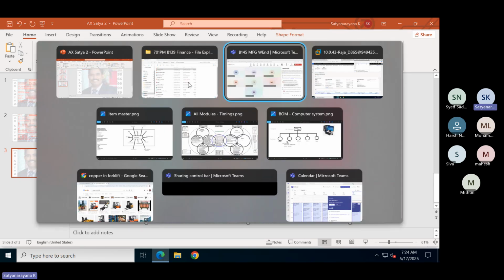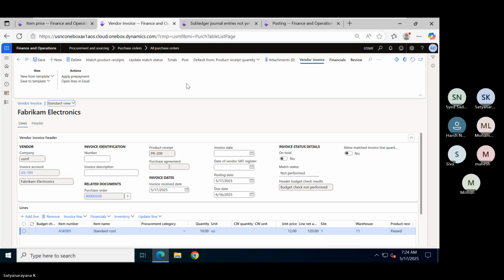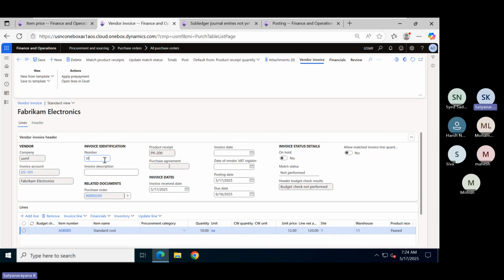Let me finish it, invoice. I'm entering vendor invoice. Update mass status pass. Then post.